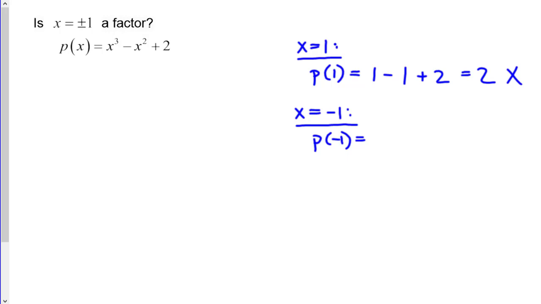So like negative 1 to the 3rd would be negative 1, minus negative 1 squared, so it's just going to be minus 1, it'll be the same, and then plus 2. Well, negative 1 minus 1 is negative 2, plus 2 is 0. So it turns out we've already got a 0. We didn't have to get the calculator out or do much work.